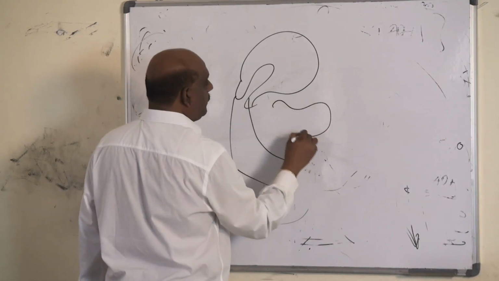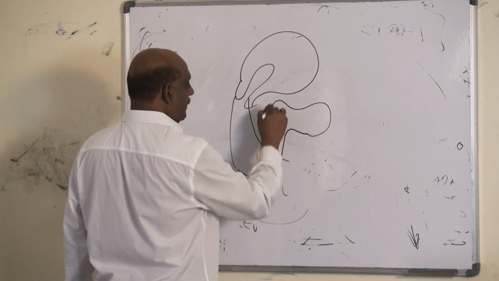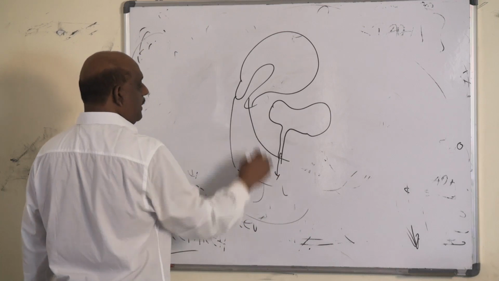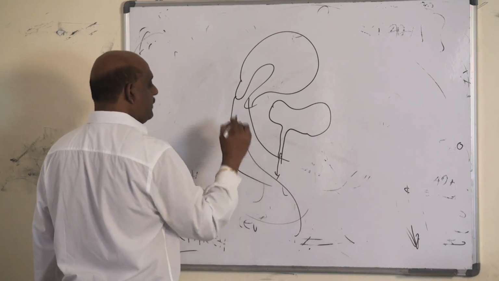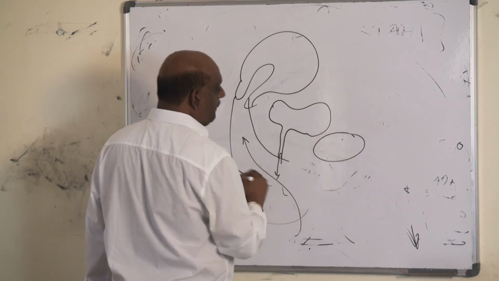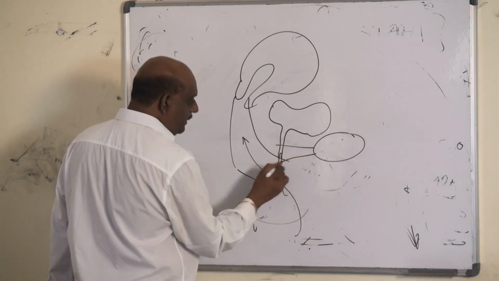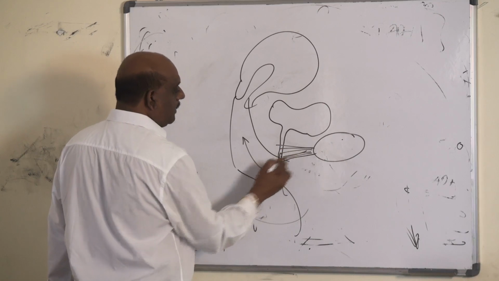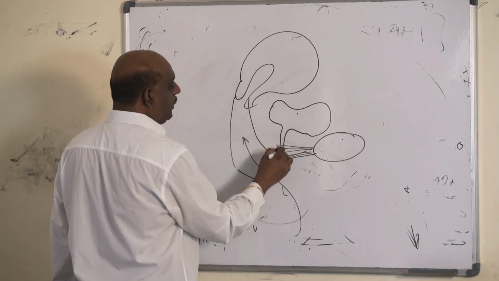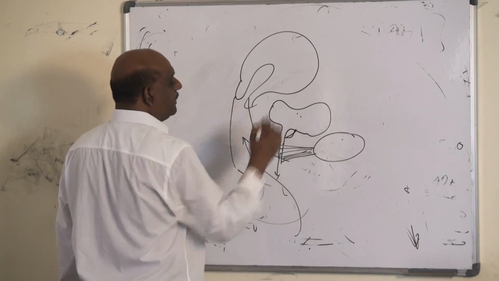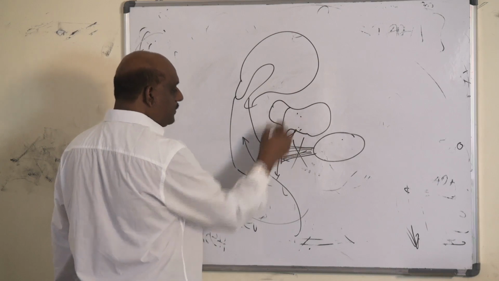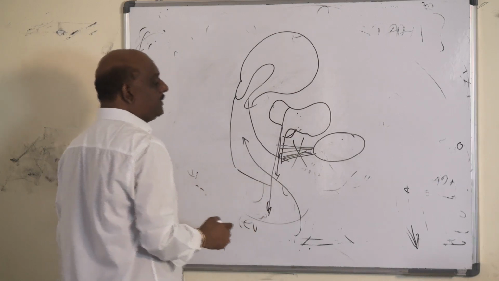Below this you have the bladder and the urethra is passing down, and through that urine is coming. So this is the vagina. Now this is the pubic bone. From here the support is maintaining urethrovesical angle. If something goes wrong with this support, the urethrovesical angle is lost and that leads to incontinence.